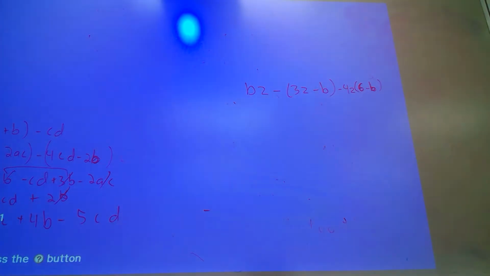Minus 3Z, and then plus, these two things cancel, plus B.